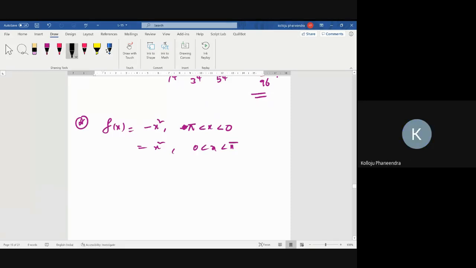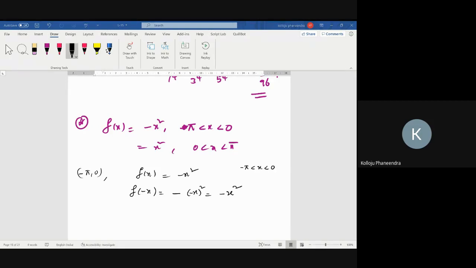See, first let me consider minus pi to 0. In minus pi to 0, f of x equals minus x square. Let me replace x by minus x, so we get minus x square again, right? But in what interval? Minus pi less than x less than 0.